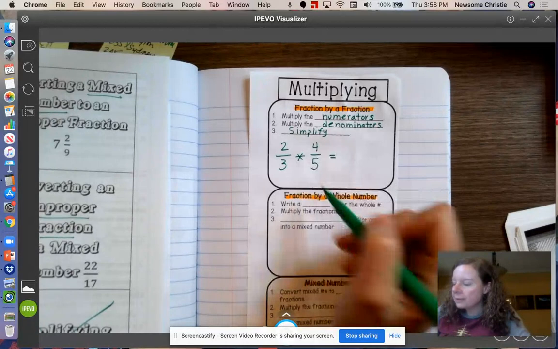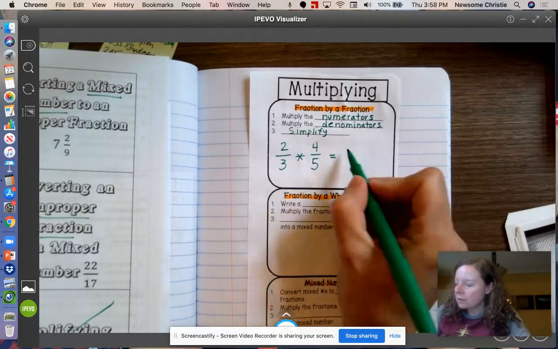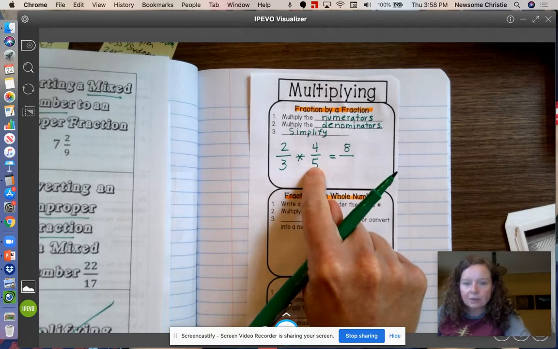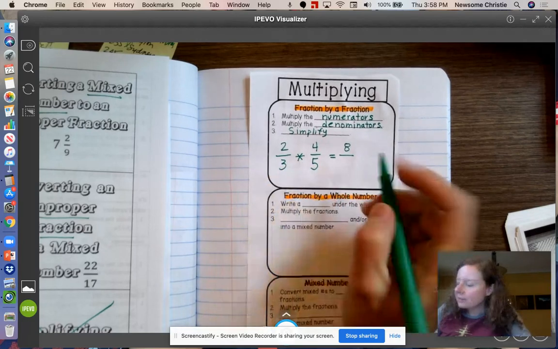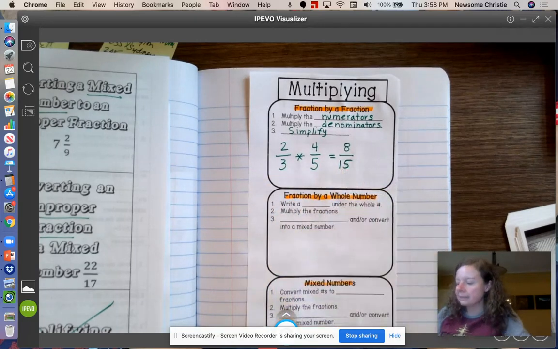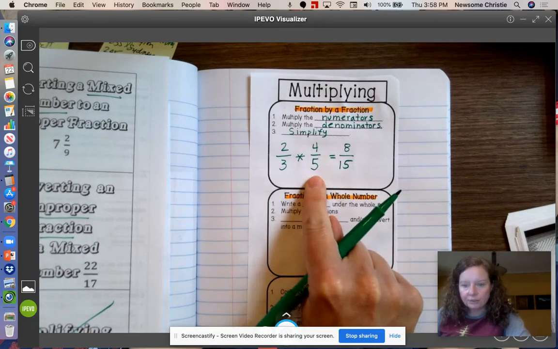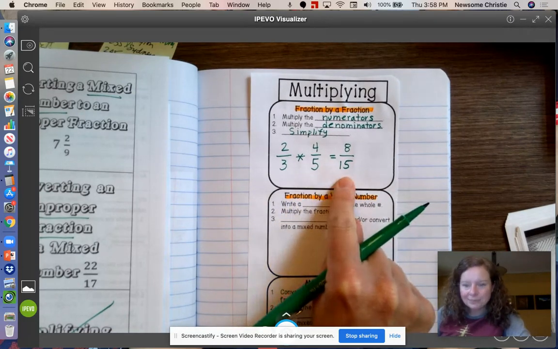So multiply the top numbers. 2 times 4 is 8. And then we multiply the denominators, the bottoms. 3 times 5 is 15. And so 2/3 times 4/5 equals 8/15. Now, we could simplify that if it was possible.